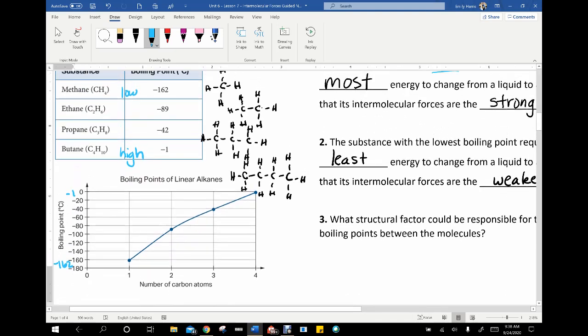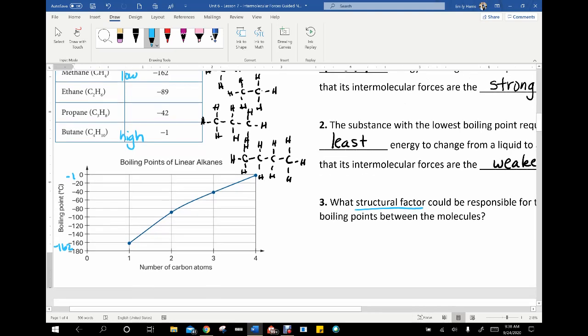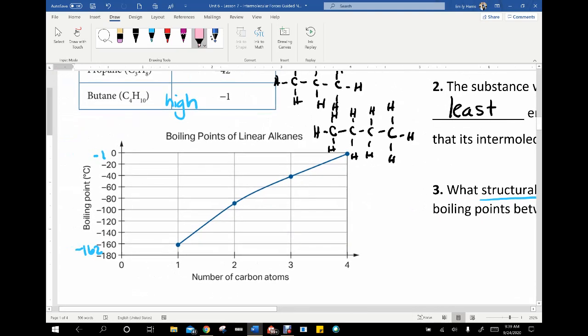Now let's look at this graph and our drawings and see if we can figure out what structural factor could be responsible for this wide range of boiling points. Even though they have the same types of atoms, what could be causing stronger forces? So what we notice on our graph is that on the x-axis they're measuring the number of carbon atoms.